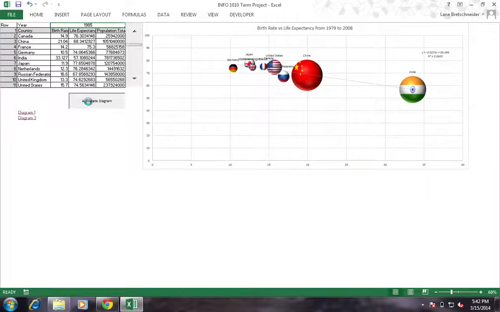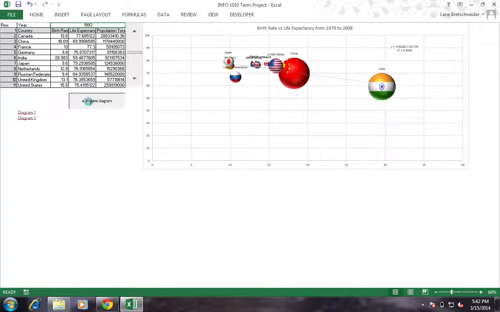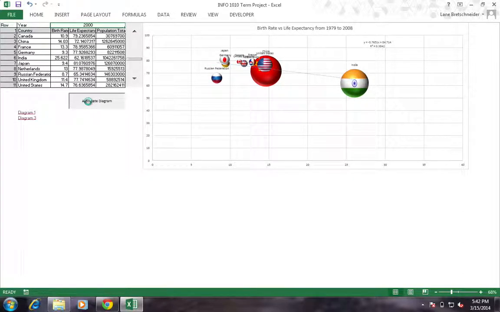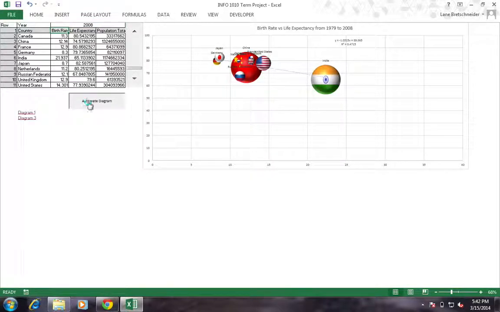Here again we see a pretty general trend of upwards and left movement over the 30 years, so this means that there's an increase of life expectancy as the upwards movement goes on the y-axis, and there's also a decrease in birth rate over time with that left movement down the x-axis.